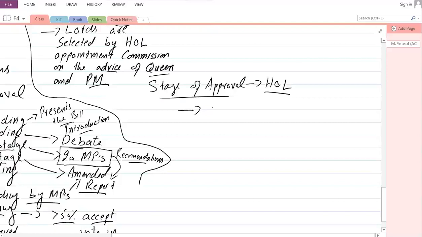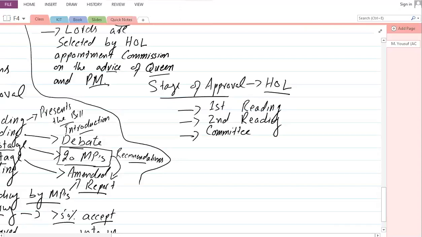Luckily the stages are the same. Once again there will be first reading, then second reading, then committee stage, then report stage, finally third reading.